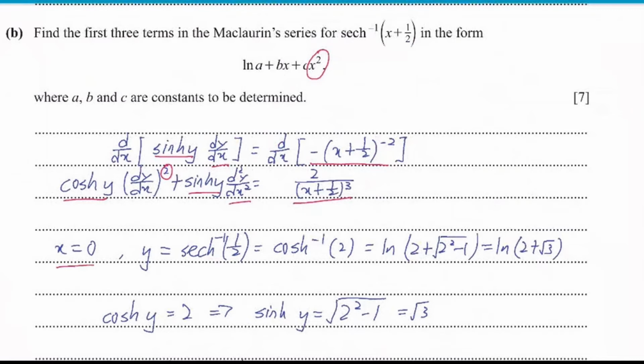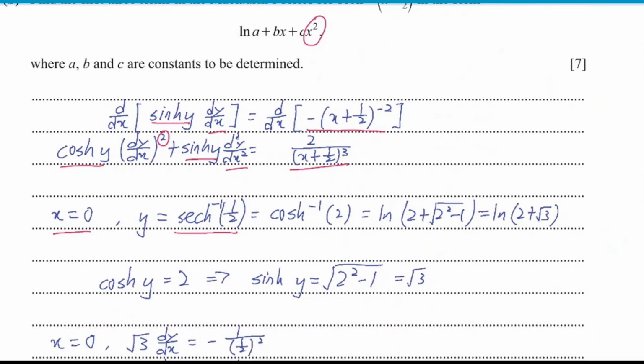Later on, we have got all the expressions that we need already, so we substitute in x equals 0. Then we get y is actually arcsech of a half. For the arcsech of a half, there's one thing we need to look at: arcsech of 1 over 2 is equal to arccos of the 2. This result applies to other related functions too.